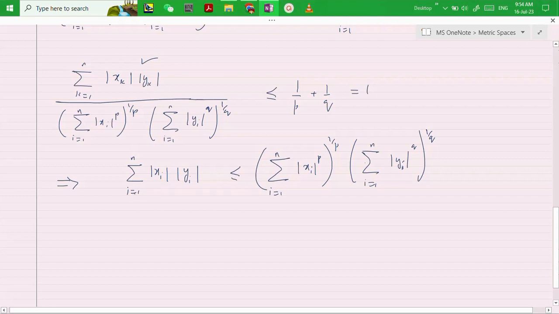So we just replace k by i, and ultimately we have the required Hölder's inequality for finite sum.